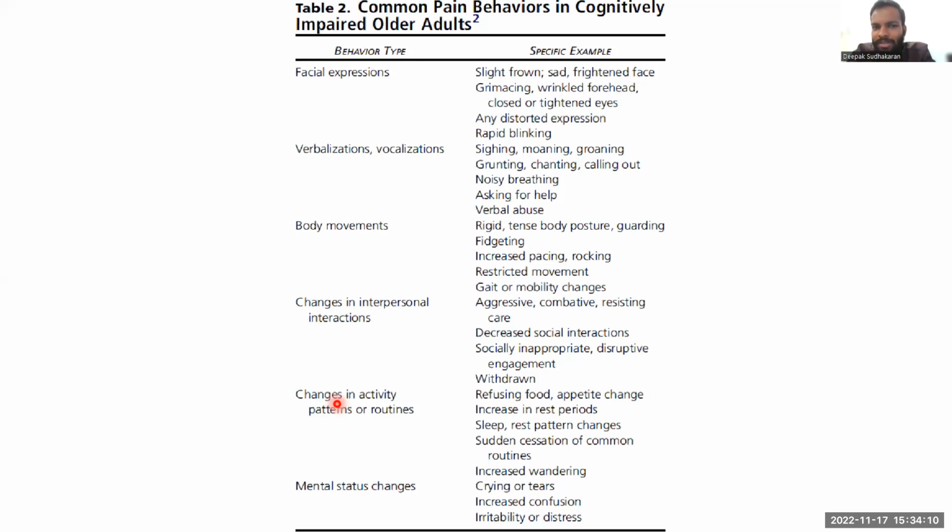With facial expressions, they may make some noises, they may have some particular body movements, there may be a change in their interaction with you, their routine changes. For example, they may refuse to eat food, and like you said, crying, mental status changes. They may show irritability, crying, confused appearance. So even in a person who is unable to respond, you will come across such people who are terminally ill, who are unable to express themselves due to very many reasons. These are the things which you have to look into.